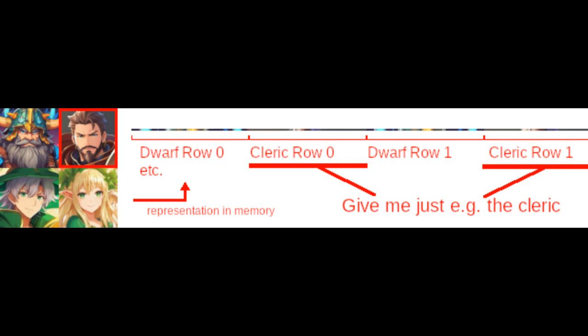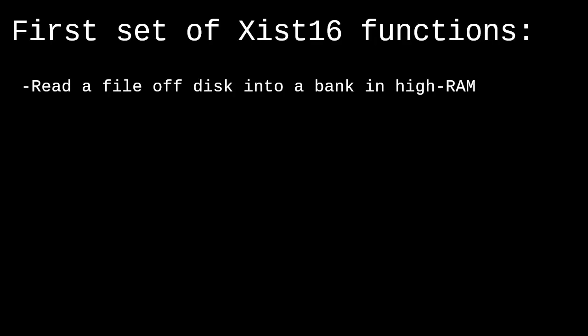So, the first set of functions in the Exist16 library is for making it easy to do the following. Read an image file, or any other kind of file, but right now we care about graphical data, off of disk and into a bank in HiRAM.